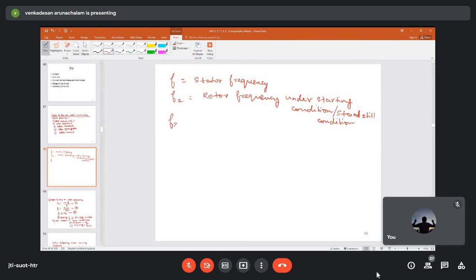And let me assume F2R is the rotor frequency under running condition.